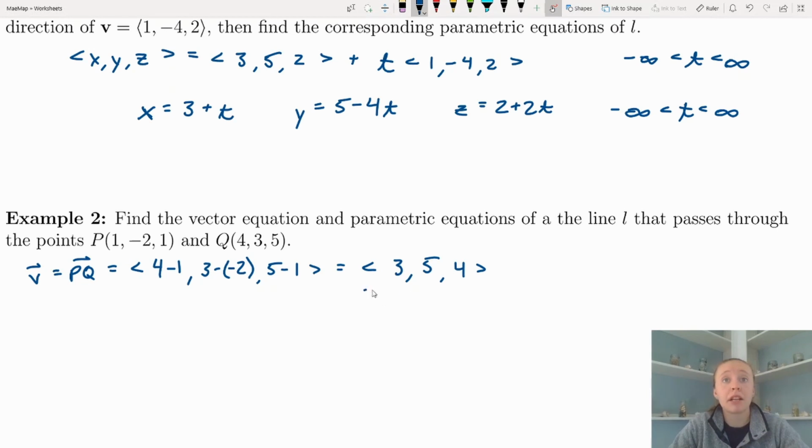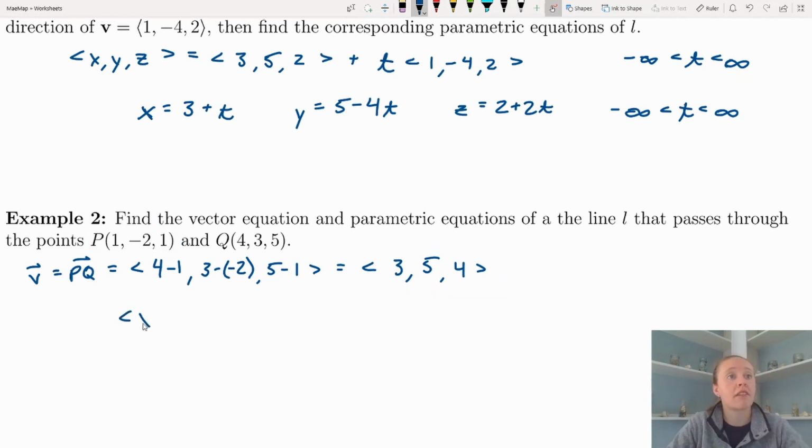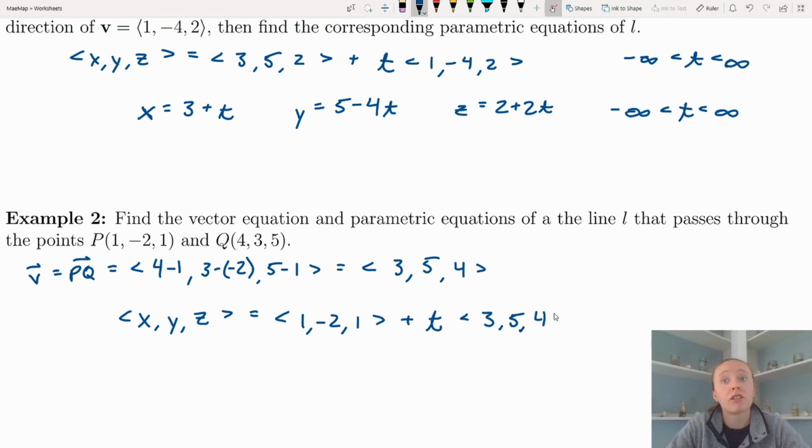So now that I have my direction v, I just need to use my point P to create that vector OP, so from the origin to P. So I have my vector x, y, z, and that's going to be equal to the vector 1, negative 2, 1, plus some scalar t multiplied by v, which we calculated to be 3, 5, 4.